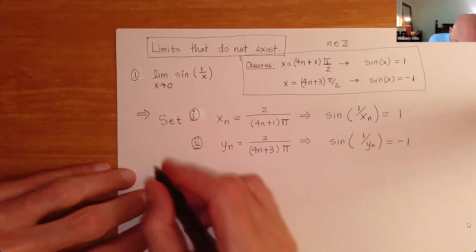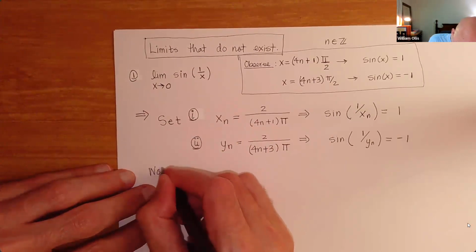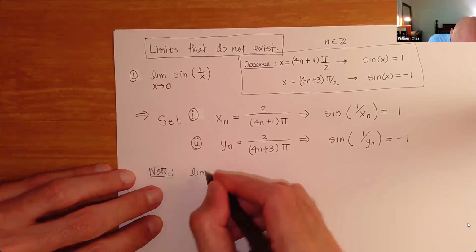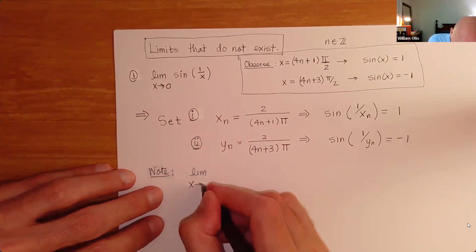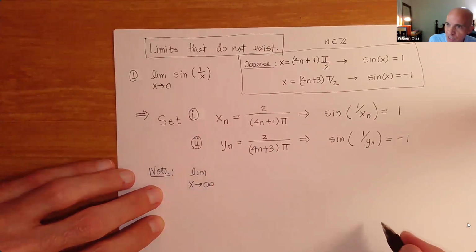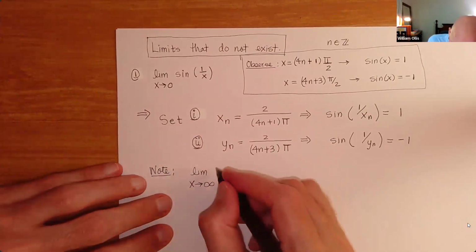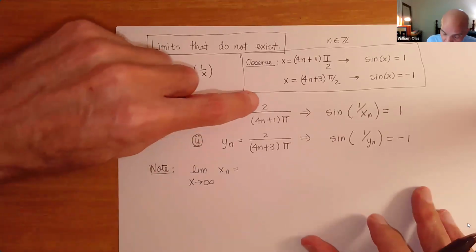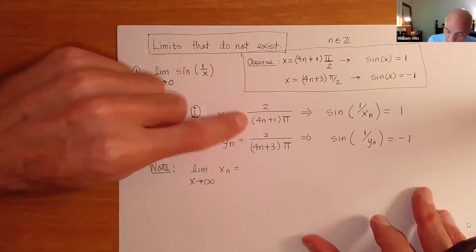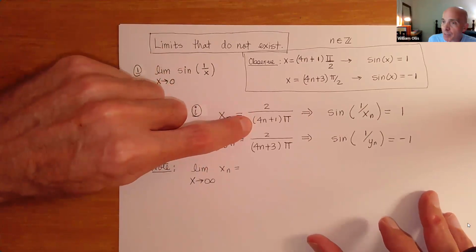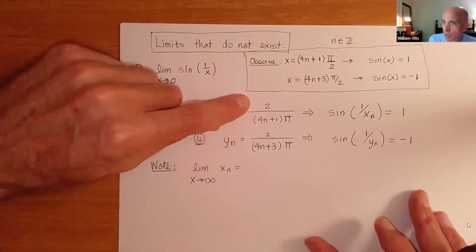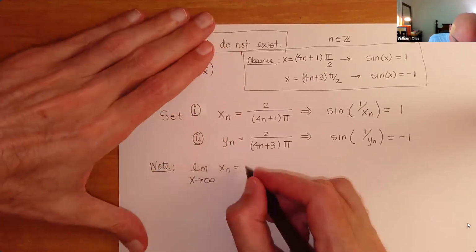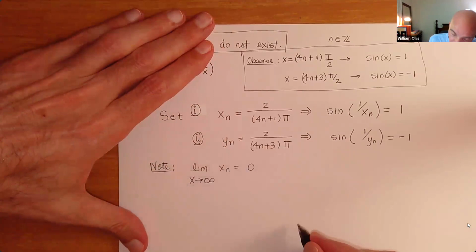We note, and this is very intuitive, thinking of just what we did in pre-cal, even though I'm kind of pushing the limit, no pun intended, here, x sub n: the 2 is fixed, and if n becomes arbitrarily large, then the denominator becomes large relative to the constant numerator. And so intuitively, we would think a limit of 0.